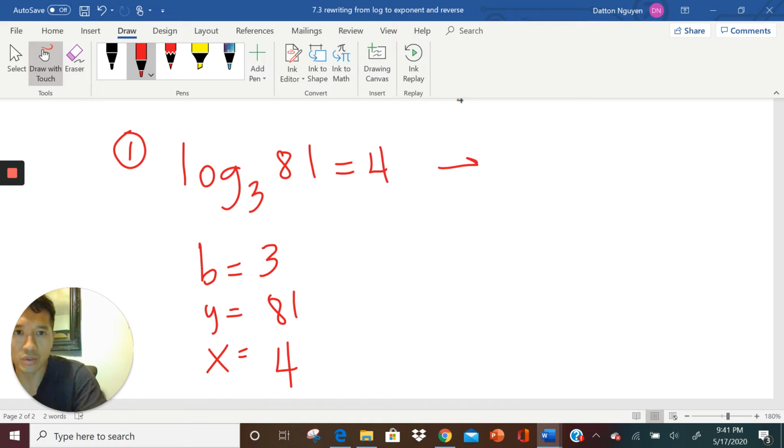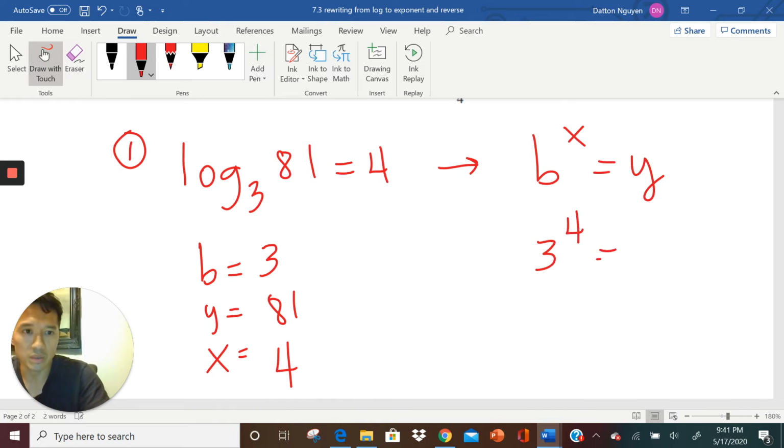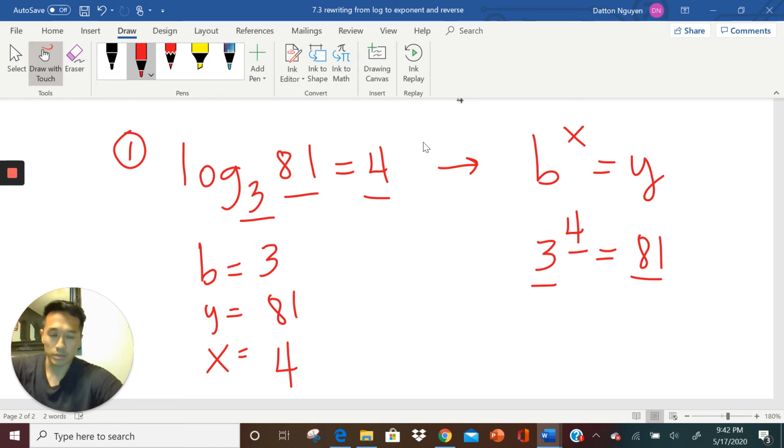It will be b to the x power equal to y. So this becomes 3 to the 4th power equals 81. Do you see how these 3 numbers pop up again in the exponent form? That's all that you have to do.